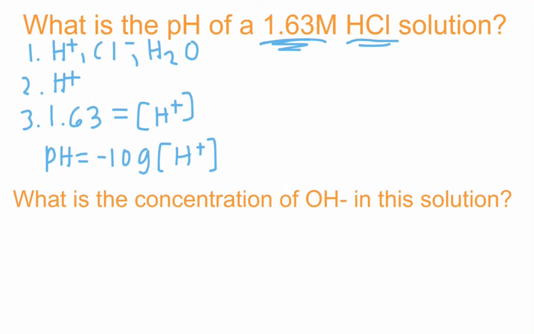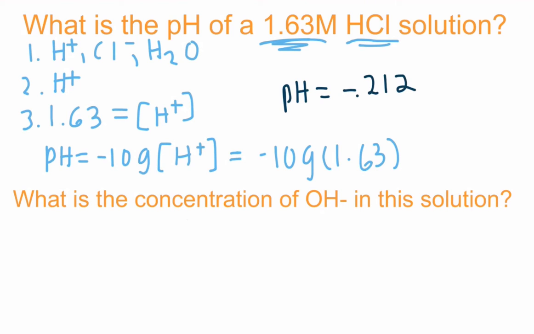We're just going to sub that number in, and we are going to get our pH to be, let me just solve for that really quick, negative 0.212. And remember, it is okay to have a negative pH. It can happen. It just means it's super acidic. We can also have pHs well above 14.